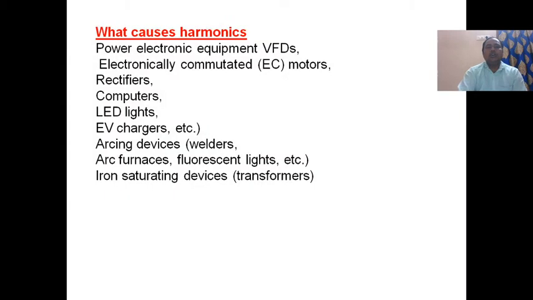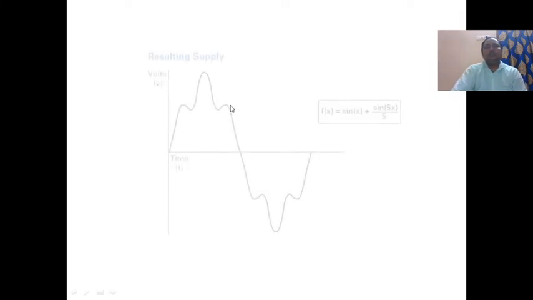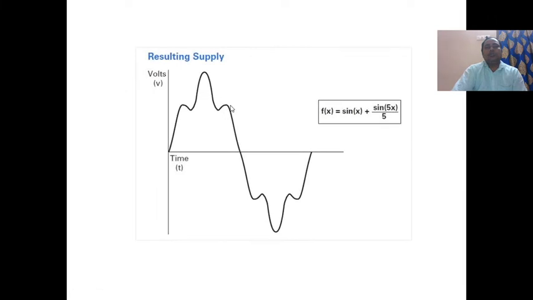Normally commutation is a process. In DC motors, that is the brush shifting position, which is controlled electronically and causes harmonics. Please observe the harmonic content waveform.